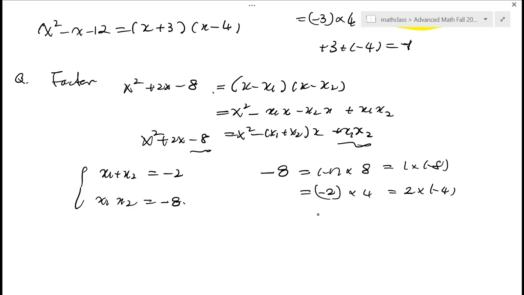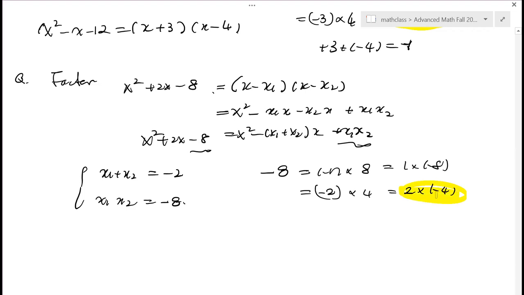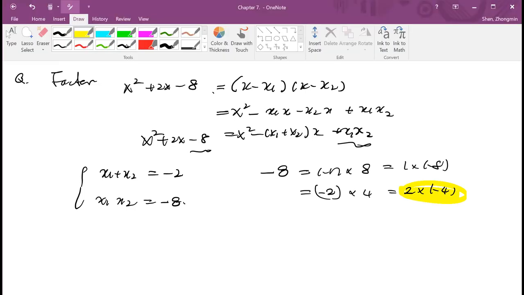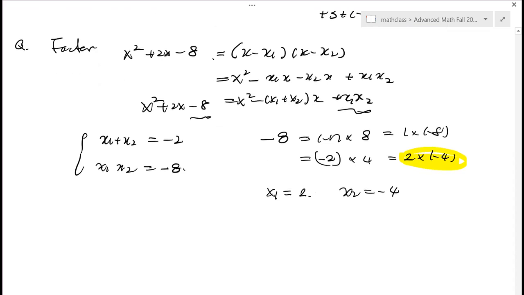Now, which pair of the numbers added together is going to be -2? I think this pair. So x1 plus x2 is going to be -2. So x1 should be equal to 2, x2 should be equal to -4. So you get two roots. So x squared plus 2x minus 8 is x minus 2, x minus -4.